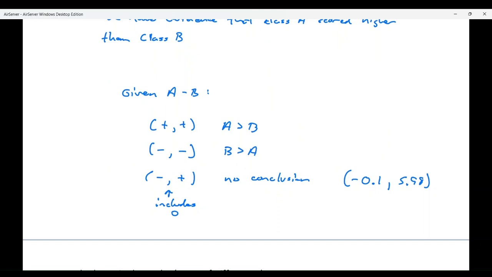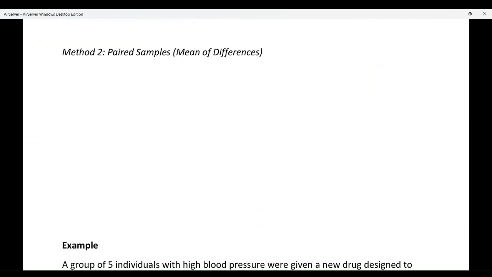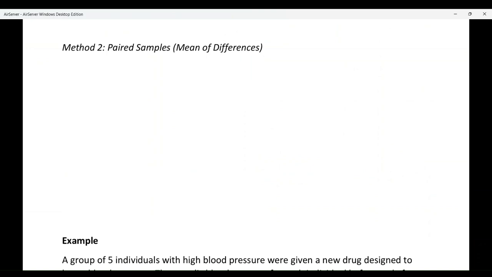Now, if I have something this close where I'm like, whoa, if that had just been a shade higher, we would have had evidence to the fact that A did better, maybe you run another sample or a few more samples just to confirm and verify that this is in fact accurate. Okay, there is another way that we can look at two sample situations.